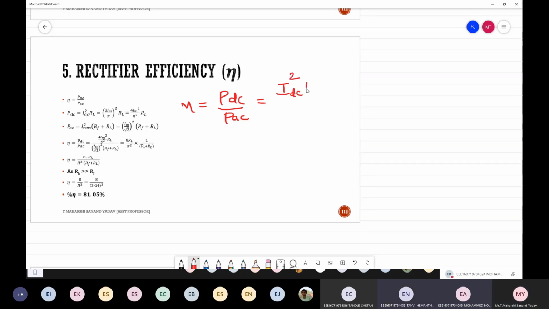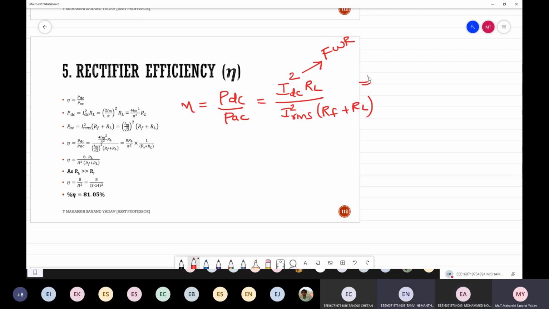I square DC into RL. PAC is IRMS square into RF plus RL. So you know the values, right? Now apply the answer that you got for full wave rectifier.